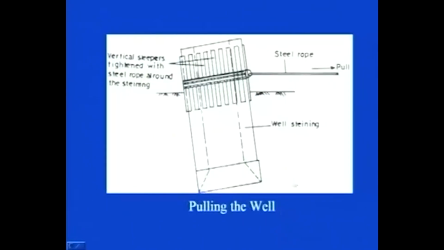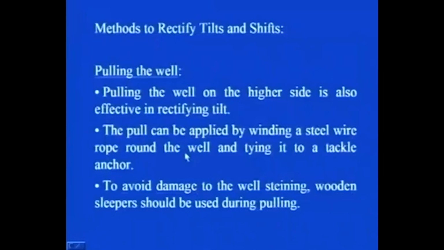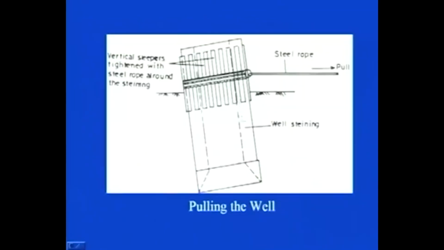You can see in this figure that this is the higher side and this is the lower side. So, as I told you, pulling of the well on the higher side helps in rectifying tilting and shifting.